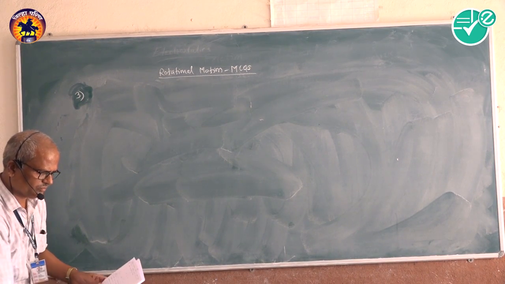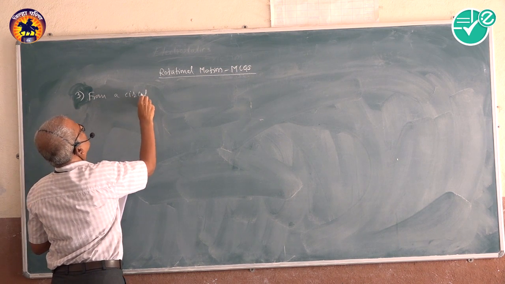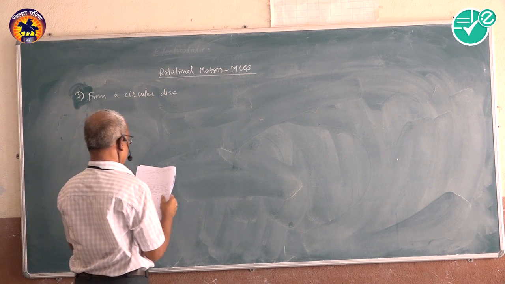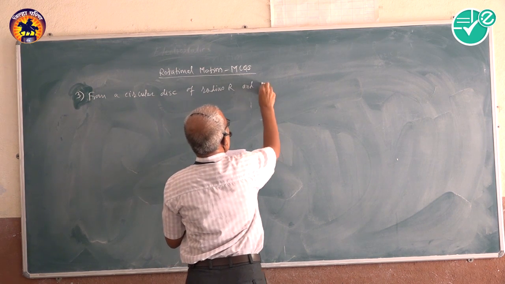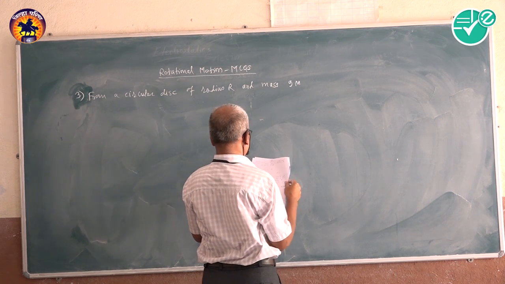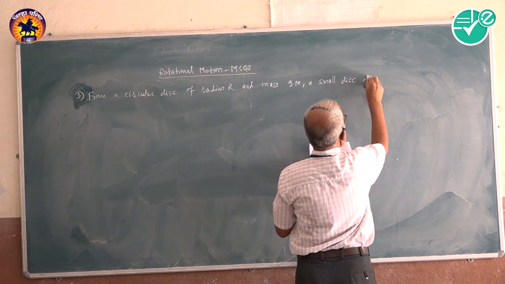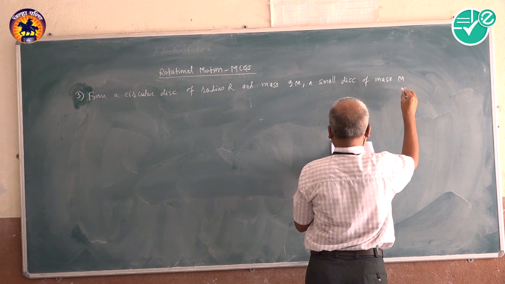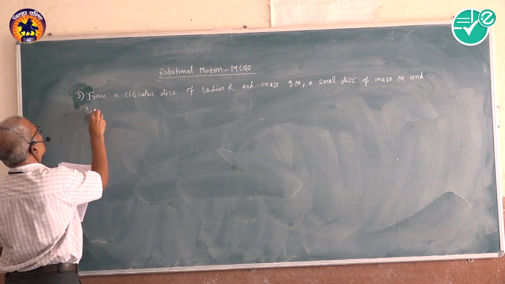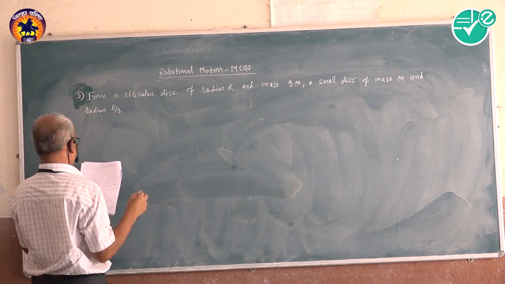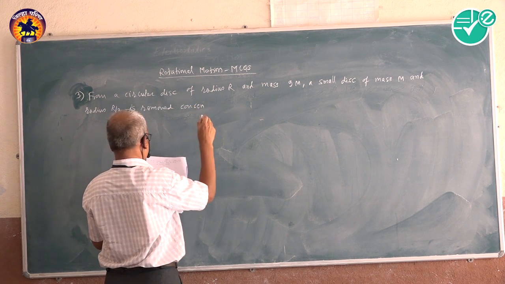From a circular disc of radius R and mass 9m, a small disc of mass m and radius R by 3 is removed concentrically.